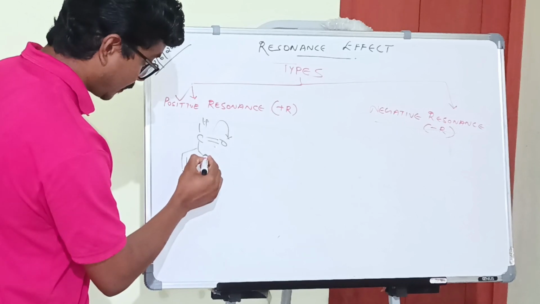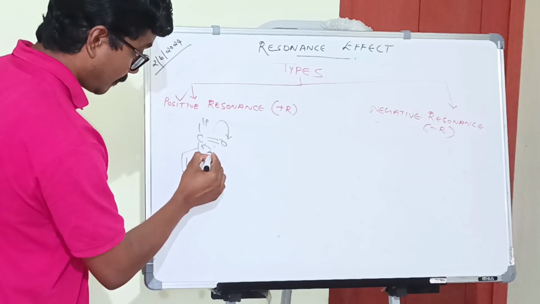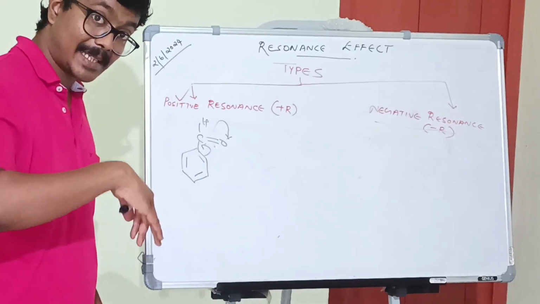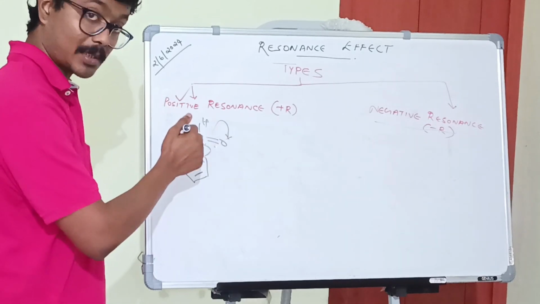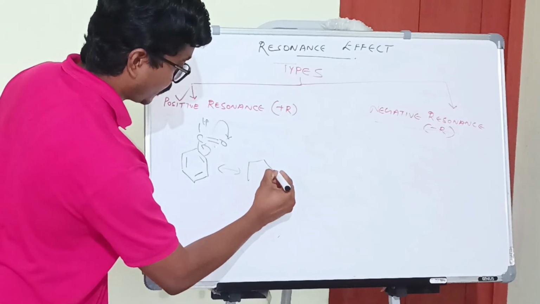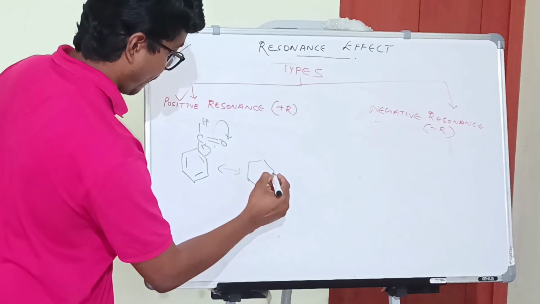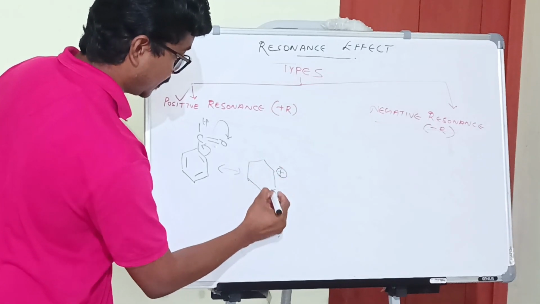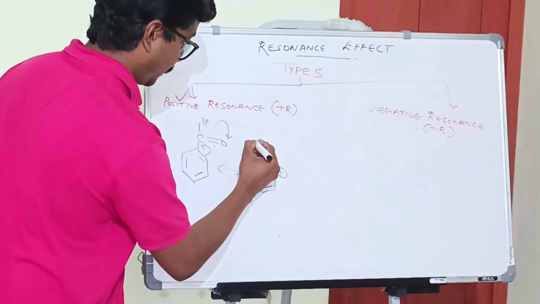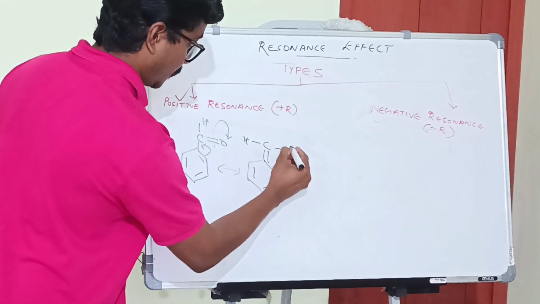As a result of that, the pi electrons from inside the benzene ring will move out. So as a result, there is a positive charge in the ring, double bond C, H, and O minus.